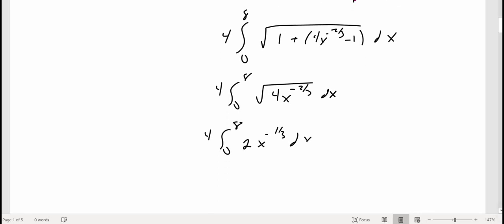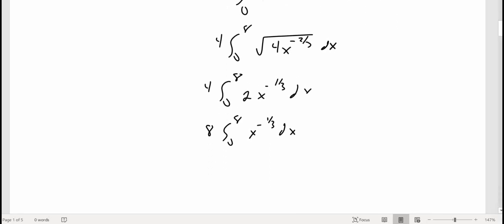I'm going to pull that 2 out in front just to make things easy. And we'll go from 0 to 8. Now, of course, at 0, we're actually going to have to worry about the limit because it's 1 over x to the 1/3, right?